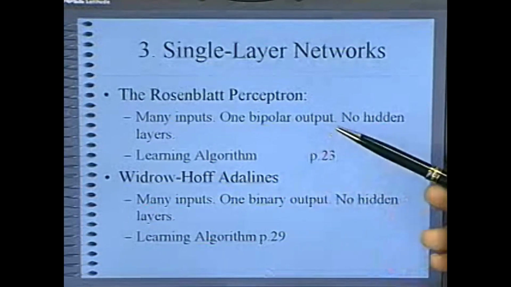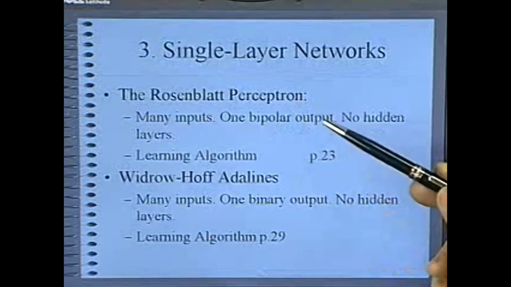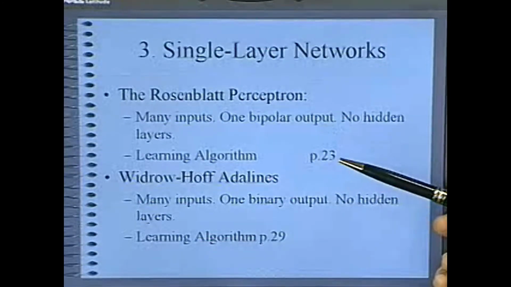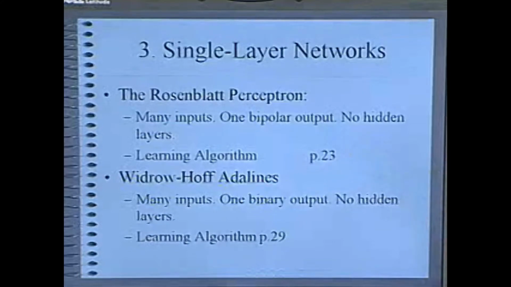So let's look at the Rosenblatt perceptron first, and look at the way that he chose to train it. The Rosenblatt perceptron had many inputs and one bipolar output. So here was the Rosenblatt perceptron, and it was a little bit different from what we've been considering.